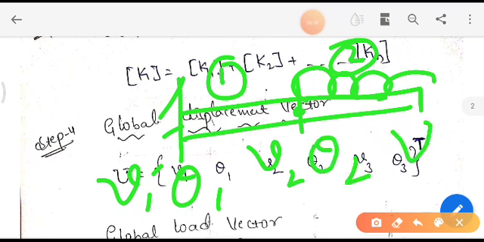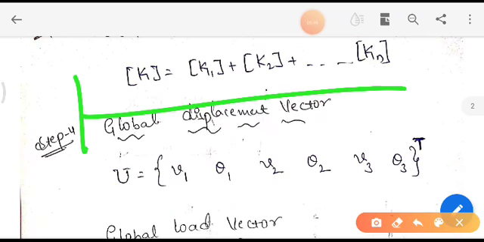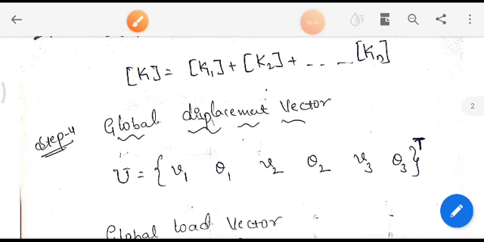Here we have displacement V3 and theta 3. We have V1 because of force F1, theta 1 because of moment M1. Similarly for second node and third node. That's what we have written.